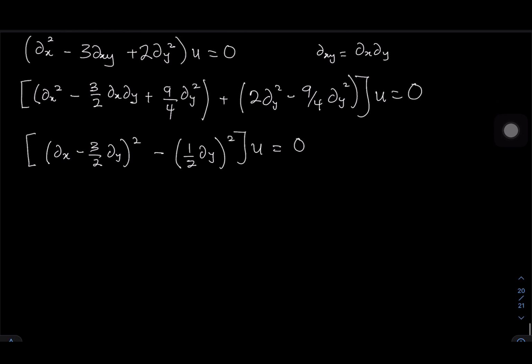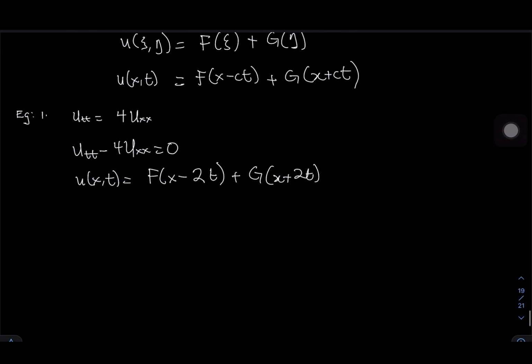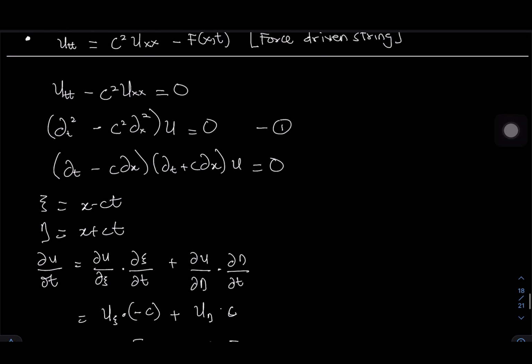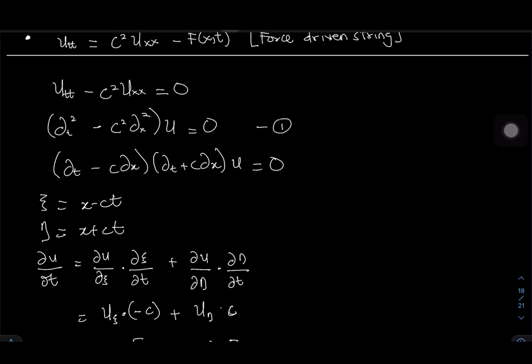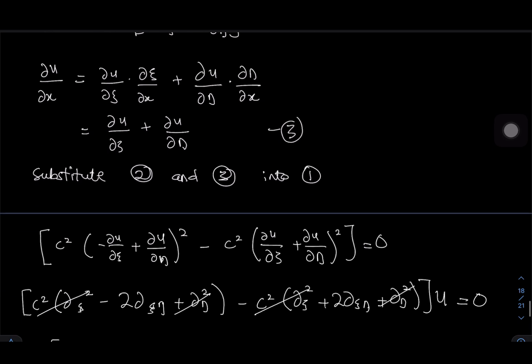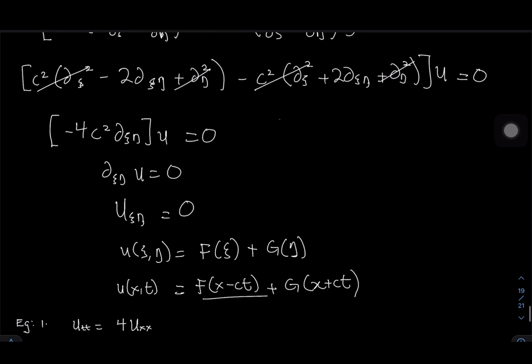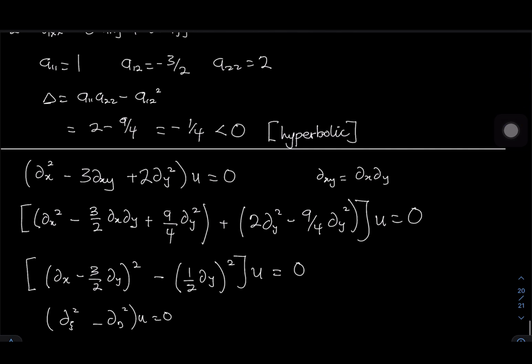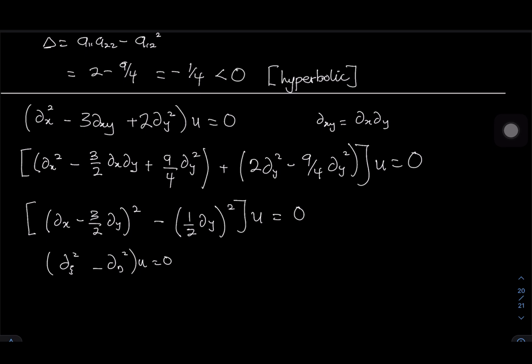Now if we are able to write this in the form (del xi squared minus del eta squared) u equals 0, we are done, because this goes straight back to how we solved the wave equation. Once we have that, we can write the solution as a function of x minus ct plus a function of x plus ct. Once we have this, we should be done.